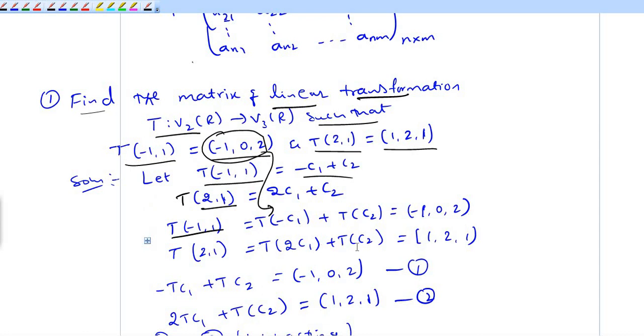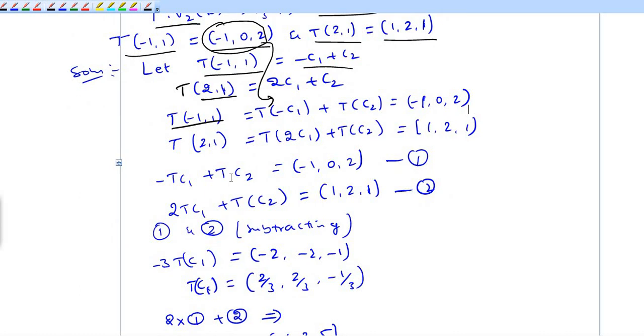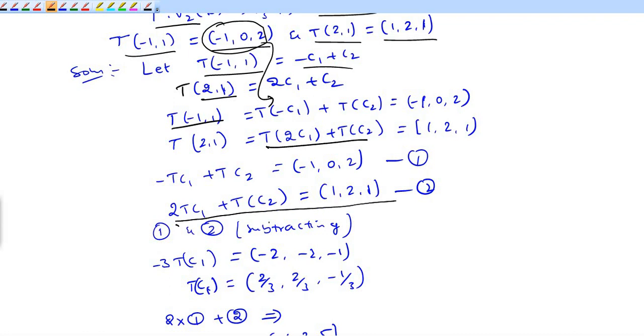Then T of 2c1 plus T of c2 is equal to (1, 1, 1). We write these two equations: minus T of c1 plus T of c2 is equal to (-1, 0, 2), and 2 T of c1 plus T of c2 is equal to (1, 1, 1). Now we have to solve these two equations.